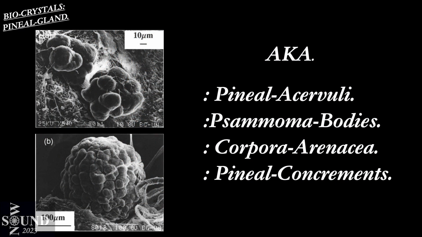It's actually a cause of many, many, many degenerative neurological diseases. On paper, really bad. So if you want to find out more, they're called pineal acervuli or corpora arenacea. So it's a calcified granular material in the pinealocytes, and it's a mulberry-like structure.